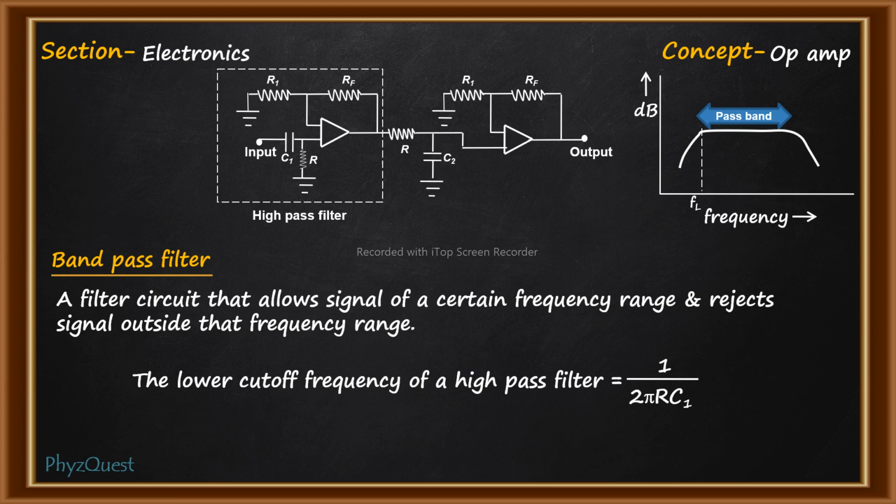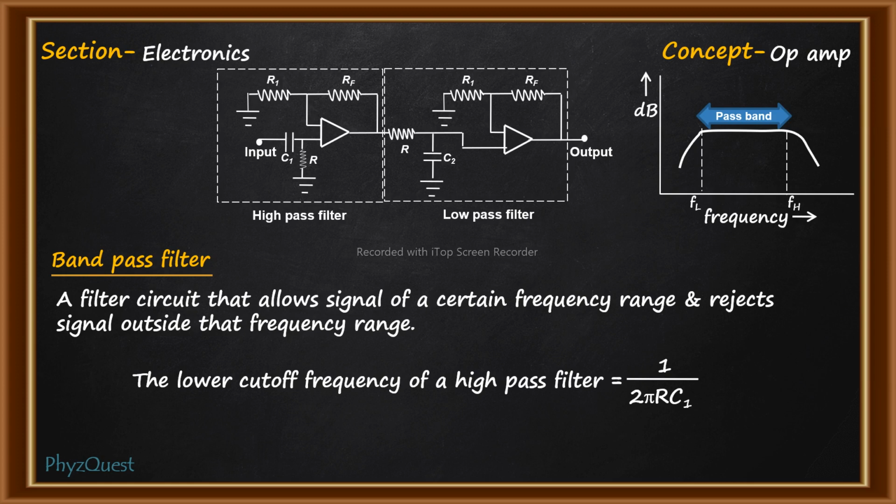Similarly, the higher cutoff frequency is decided by a low pass filter, because a low pass filter allows only signals with frequencies lower than the cutoff frequency. So frequencies higher than the cutoff frequency will be blocked. Again, this low pass filter circuit can be formed by using an operational amplifier with resistor and capacitor, where the input signal is applied to the resistor.